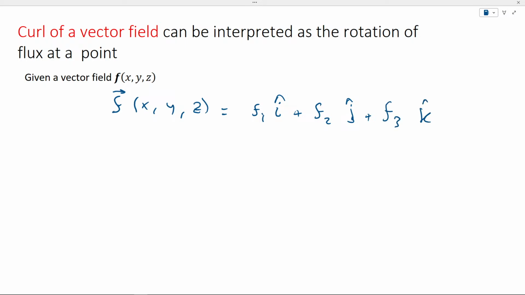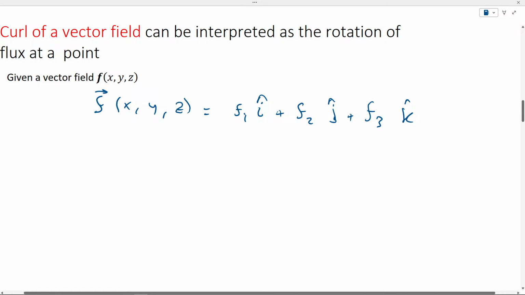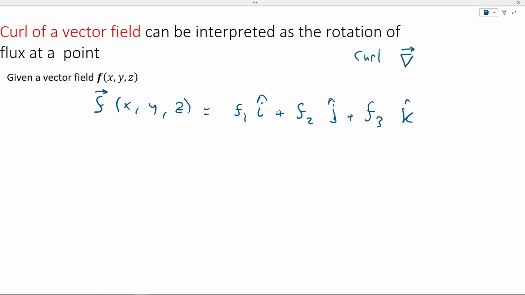This is my first function. And the curl is the gradient, a vector, cross product with your function, which is also a vector. That is basically what we are interested in.